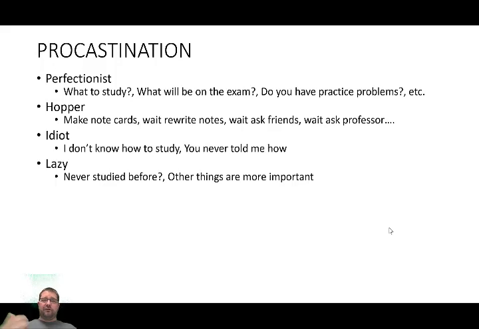This is a classic example. The 16-year-old that wants to learn how to drive a car. If you fail your driver's ed test or the written part of your driver's license test, I assure you, if you're 16 years old, you're going to study like your life depends on it to pass it the next time.